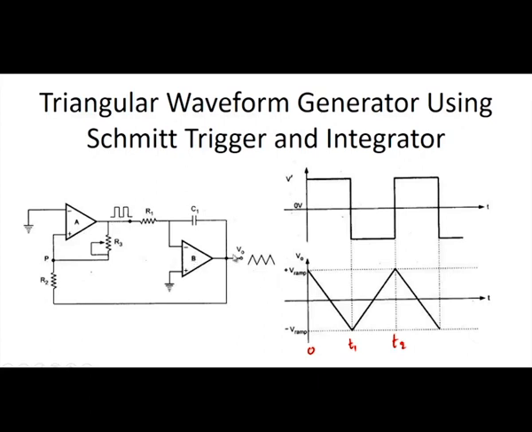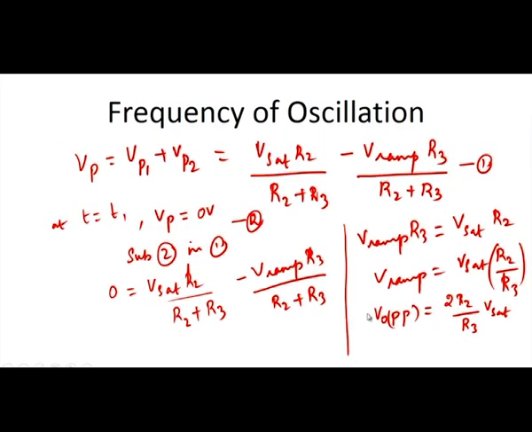If you want to calculate the voltage at the output of the integrator, then you have to give the output of the square waveform generator to the integrator's input. For that, this voltage V naught peak to peak is 2 times R2 by R3 V saturation.